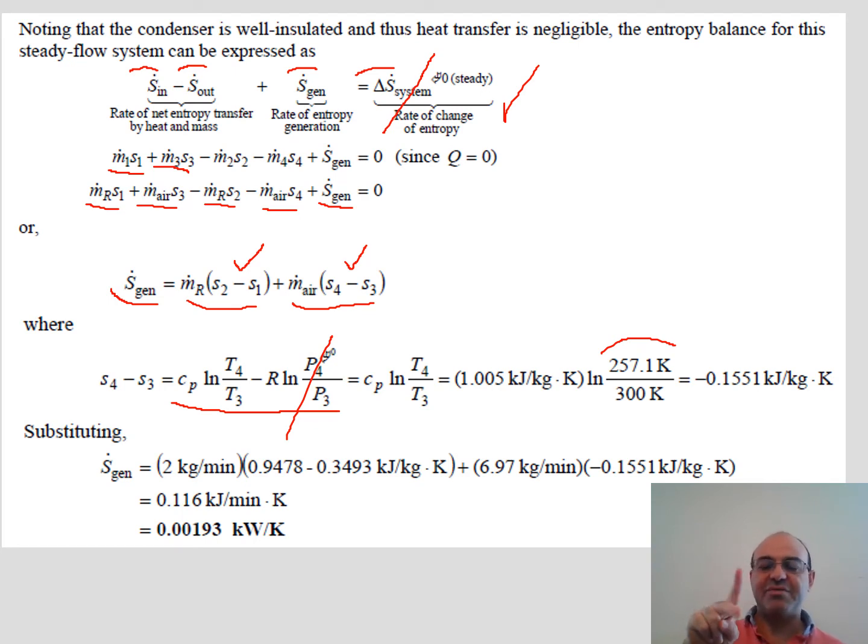But if they are temperature differences, it doesn't matter whether they are in Kelvin or in Celsius. So we find s4 minus s3 and then plug in the numbers up here and find entropy generation. So this was based on the assumption that Q is equal to 0.